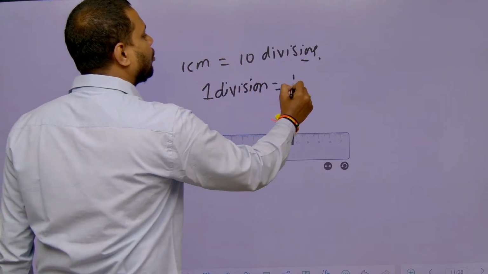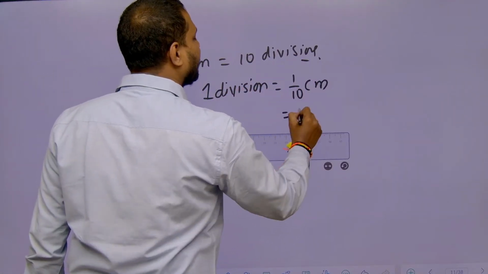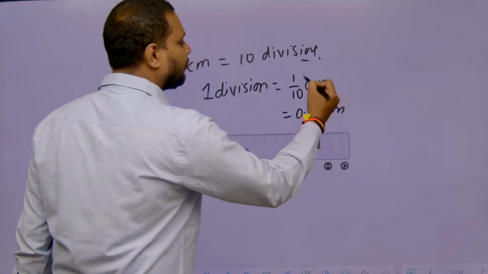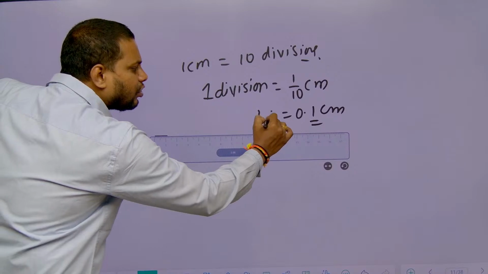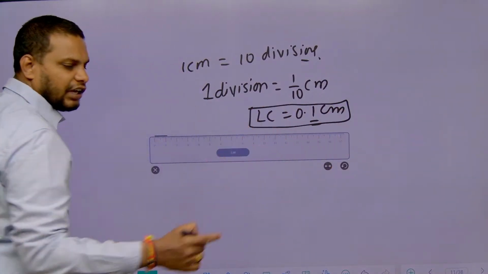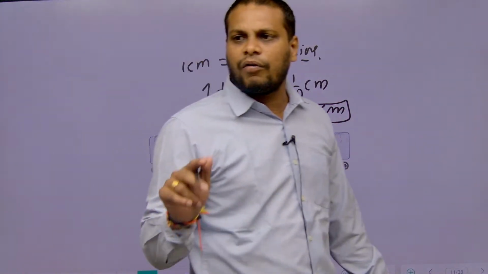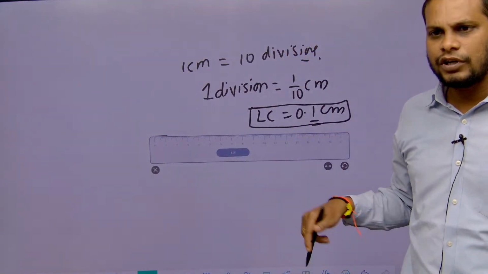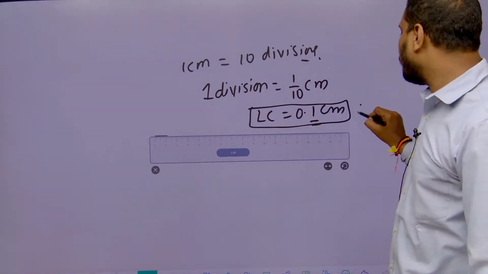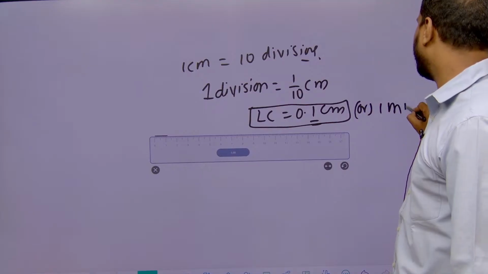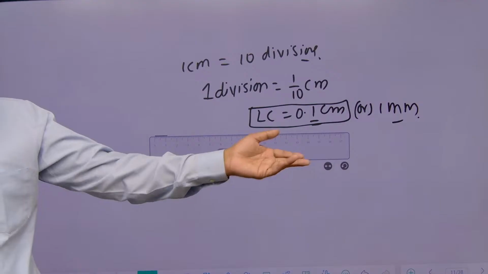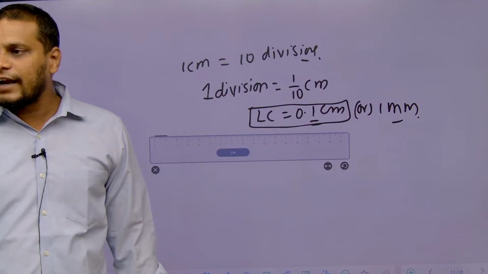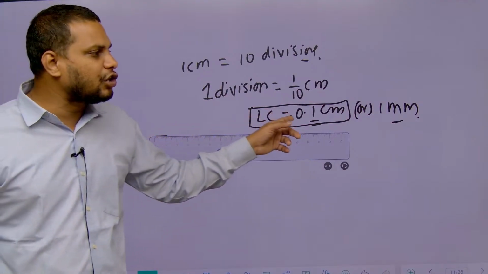One division is equal to 1 by 10 centimeter, that is 0.1 centimeter. This is called the least count of the scale. In a normal scale, what is the least count you can measure? 0.1 centimeter, or it is also called 1 millimeter. So if you use an ordinary scale, you will get a least count of 0.1 centimeter.